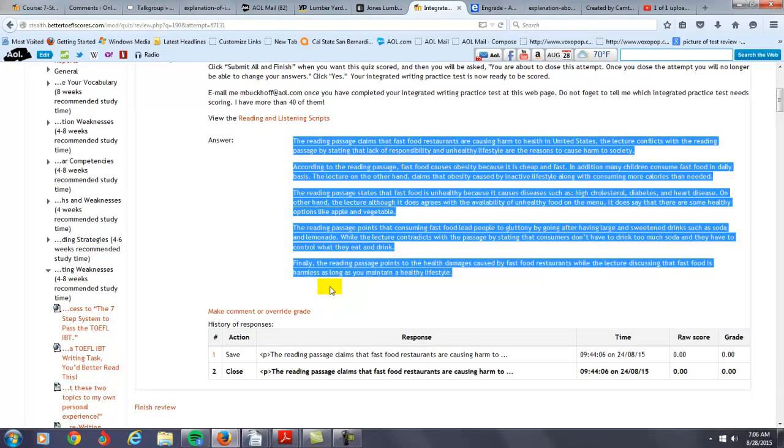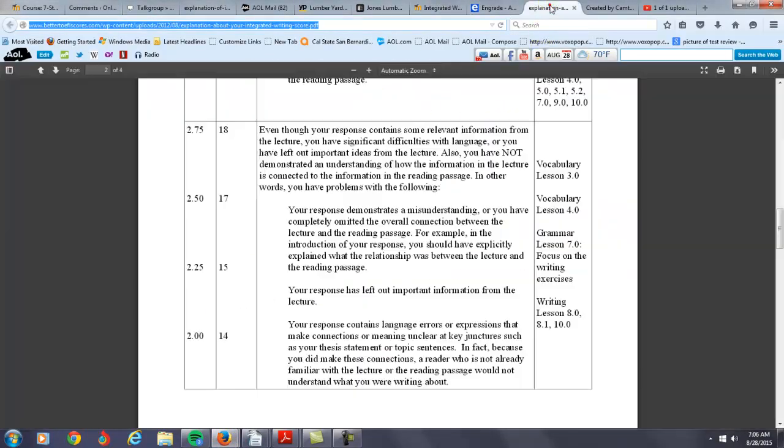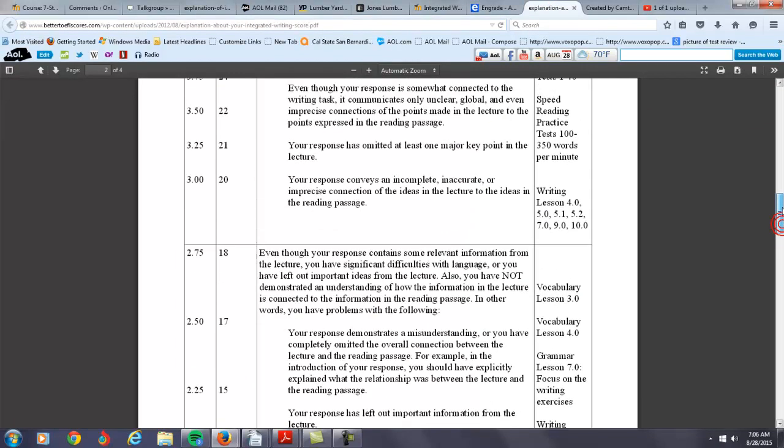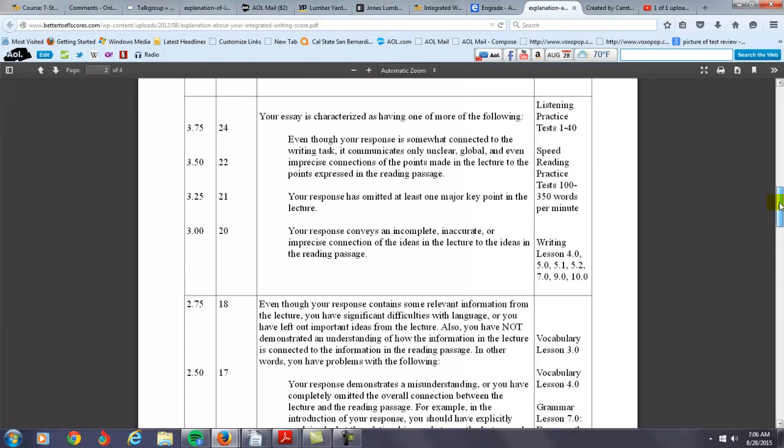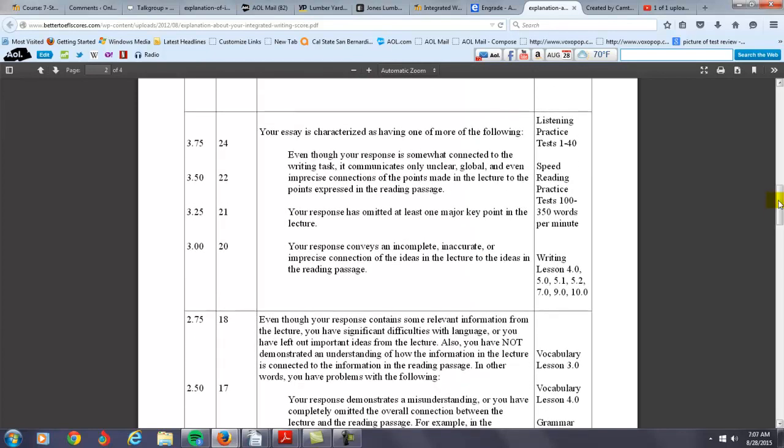Okay, so let's take a look at your score now. I can pretty much figure out what's going on here. I don't think you'll score in the 2 range. I think you have mostly a pretty good understanding, but it's interesting that you had some problems with the information in the reading.